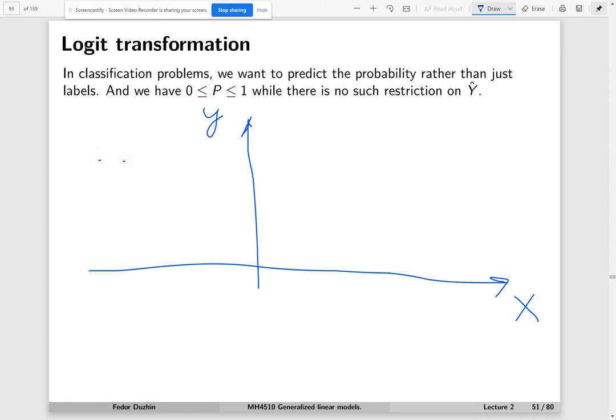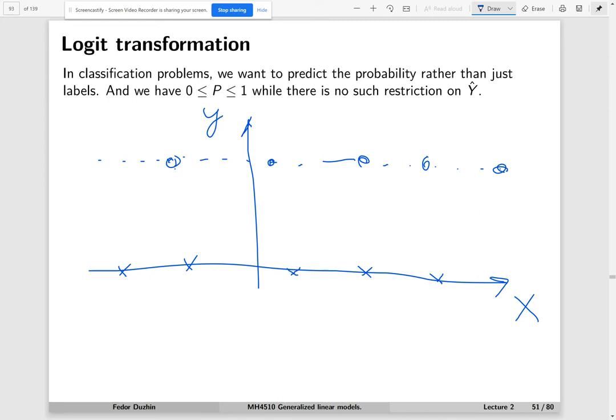Let's say this is 1. For the observed values, zeros are going to be crosses, and ones are going to be dots. So these are our observed values.